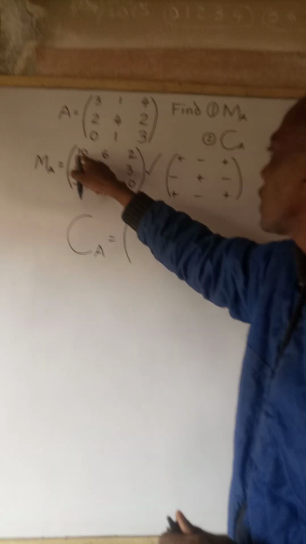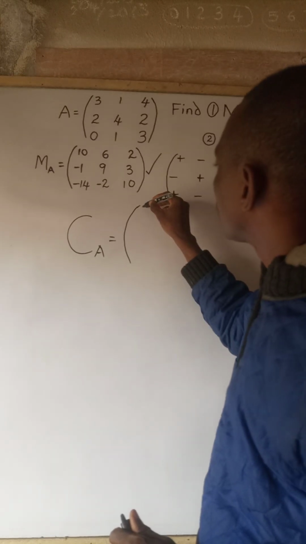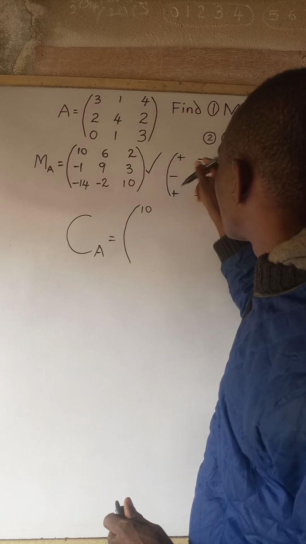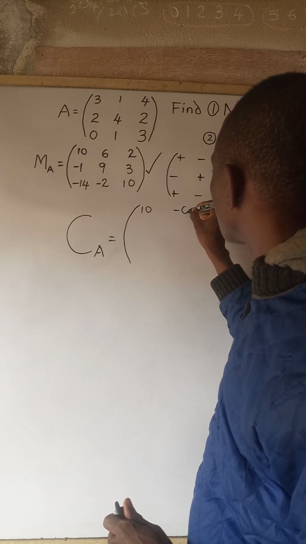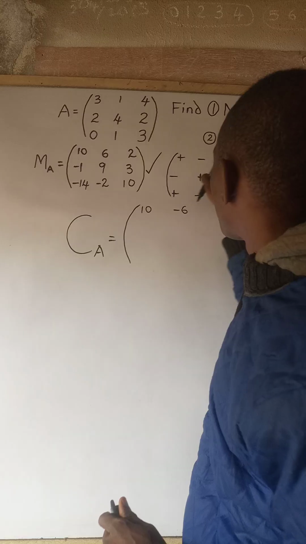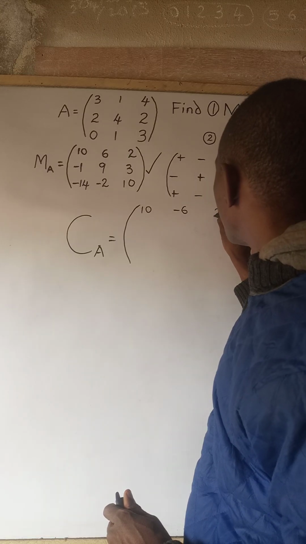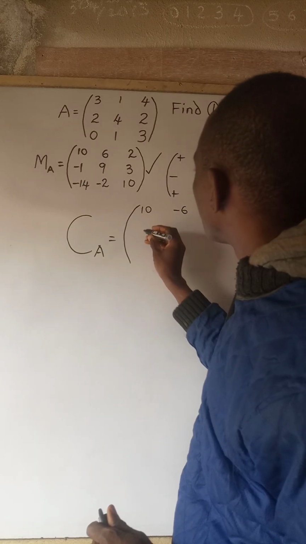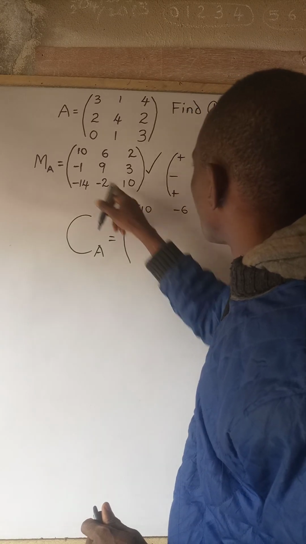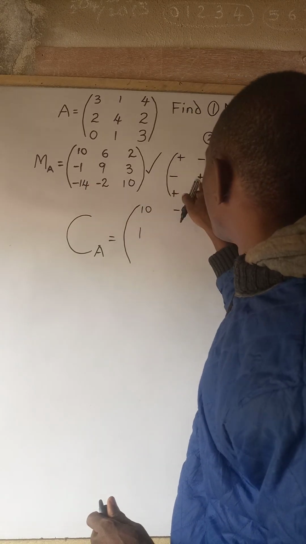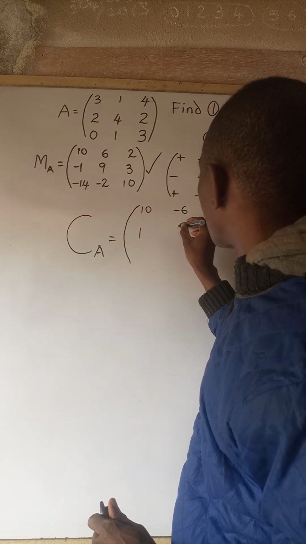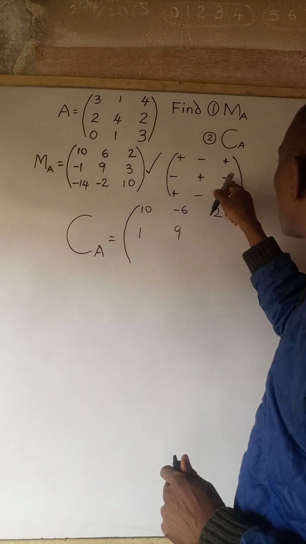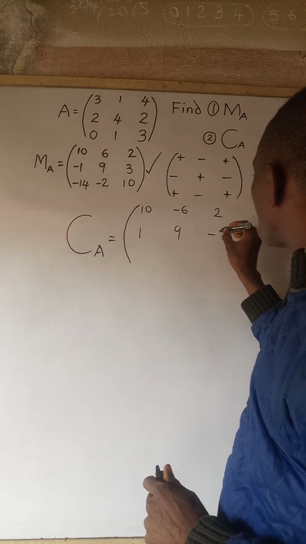Now, 10 times plus 1 will give us 10. 6 times minus 1 will give us minus 6. 2 times plus 1 will give us 2. Minus 1 times minus 1 will give us plus 1. 9 times plus 1 will give us 9. 3 times minus 1 will give us minus 3.